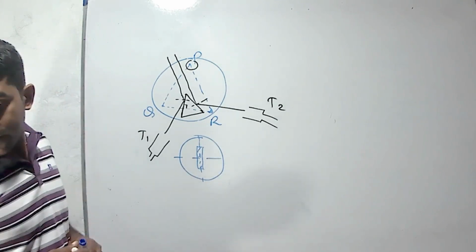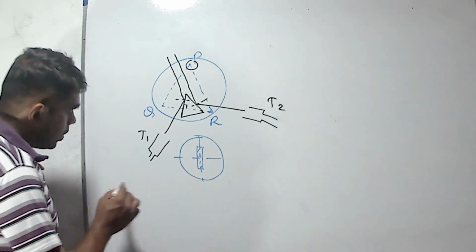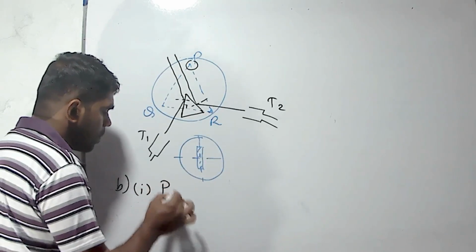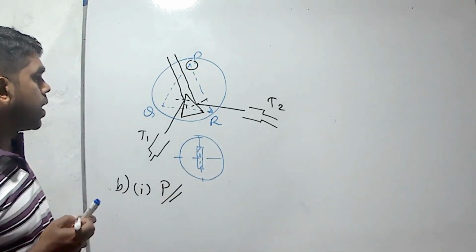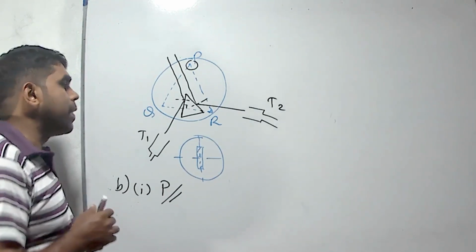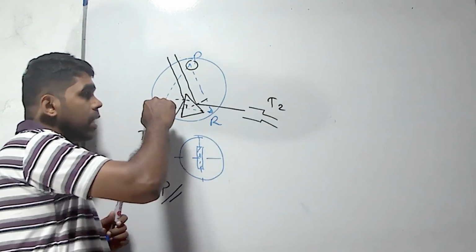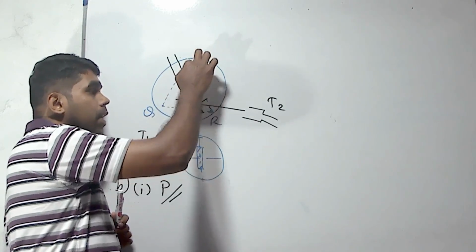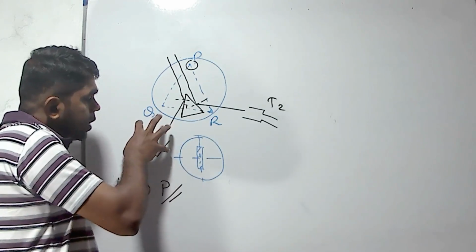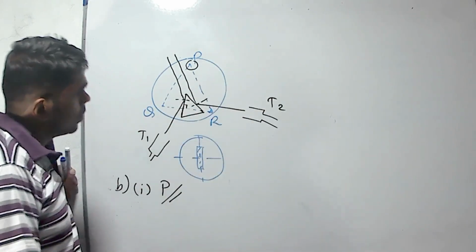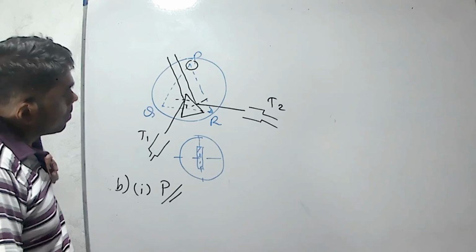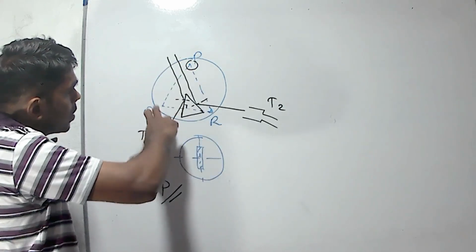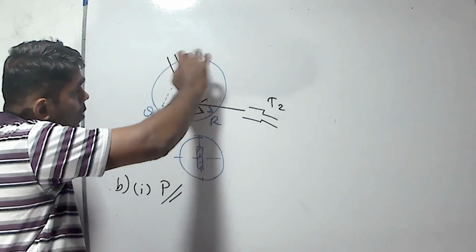Then the answer for B part 1: we have to adjust screw P. It is easy to obtain a symmetric image by adjusting Q and P for the positions T1 and T2. We can decide it: Q and P are the two screws.